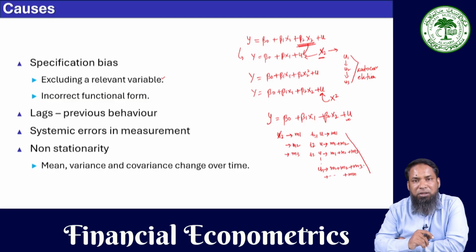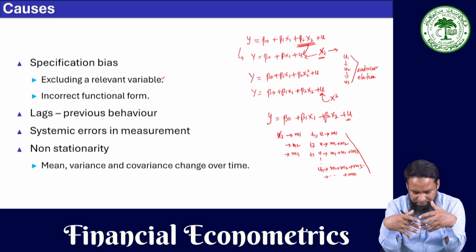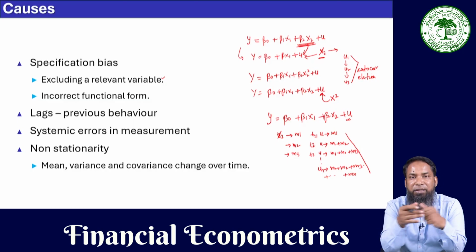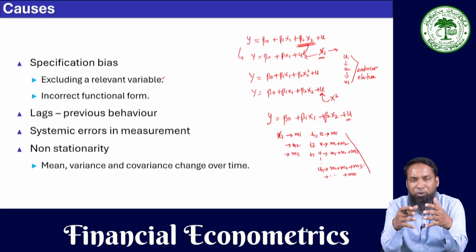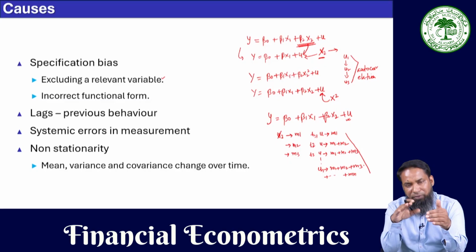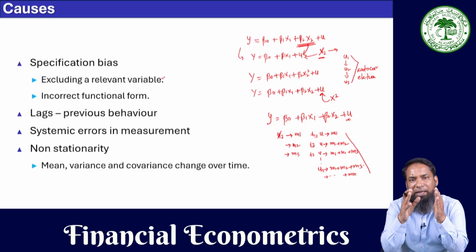And the fourth is non-stationarity, which we will be discussing in this course very extensively, and it plays a very important role, particularly in the data of finance. So, when we say non-stationarity, basically the mean, variances and the covariance change over time, and basically that has the problem of autocorrelation.